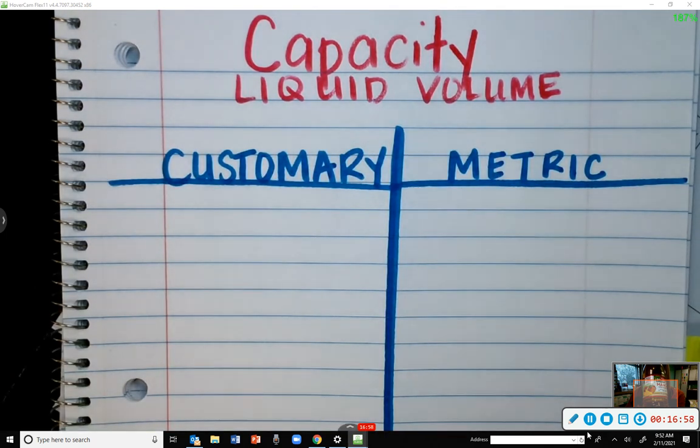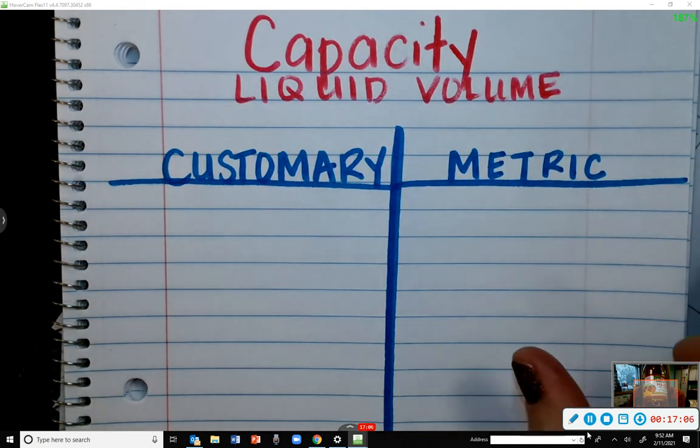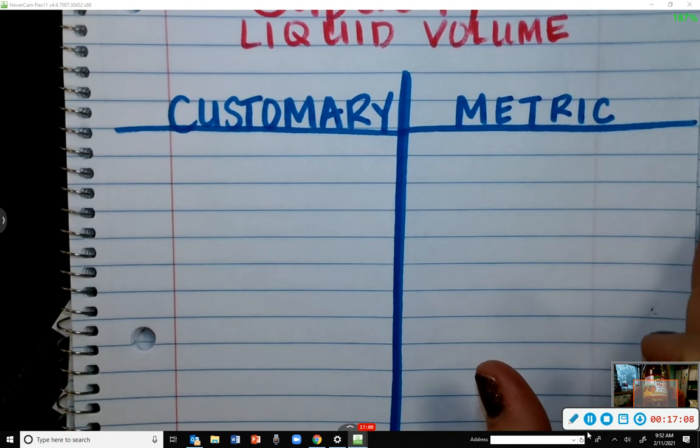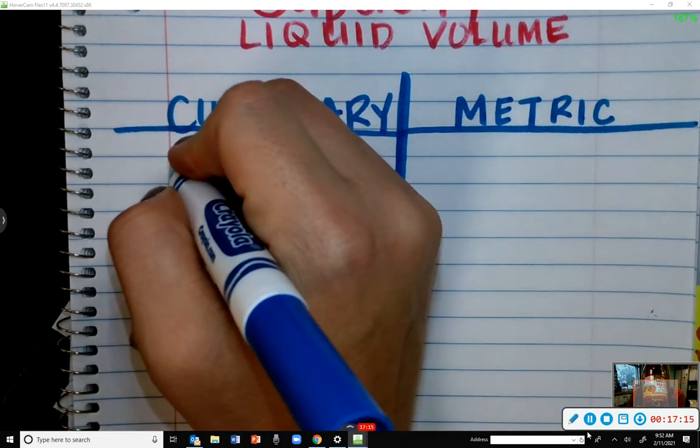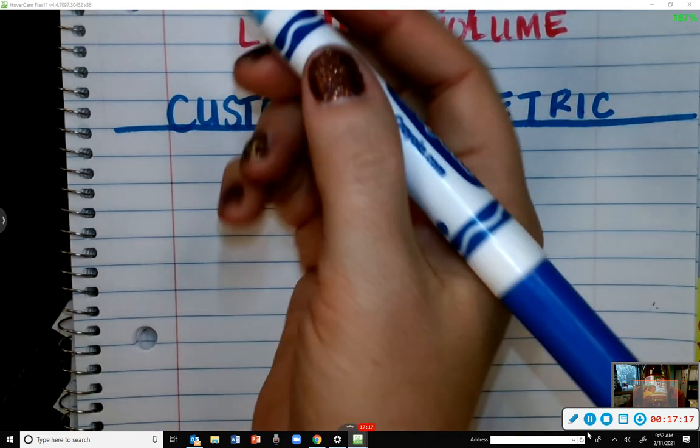Now we're just going to draw, as best we can, some examples that you would see in the real world. Okay, so let's start. Y'all want to start with the biggest or the smallest amount? Smallest. Okay, so the cup is the customary. That's what we use here.